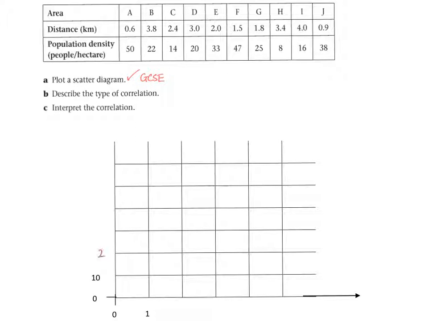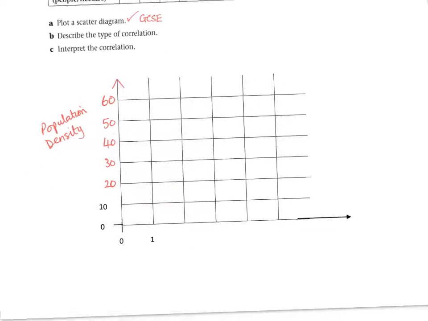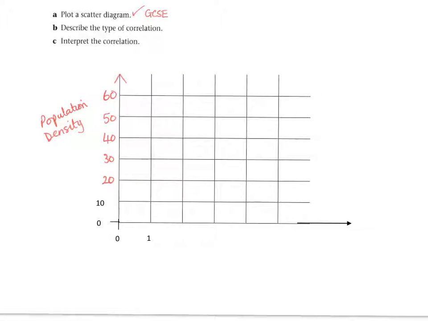So we need the correct scale, and we need a title. So this one is population density. And the next one, the horizontal axis, that's the distance from the centre of the city or the town, and that's measured in kilometres.